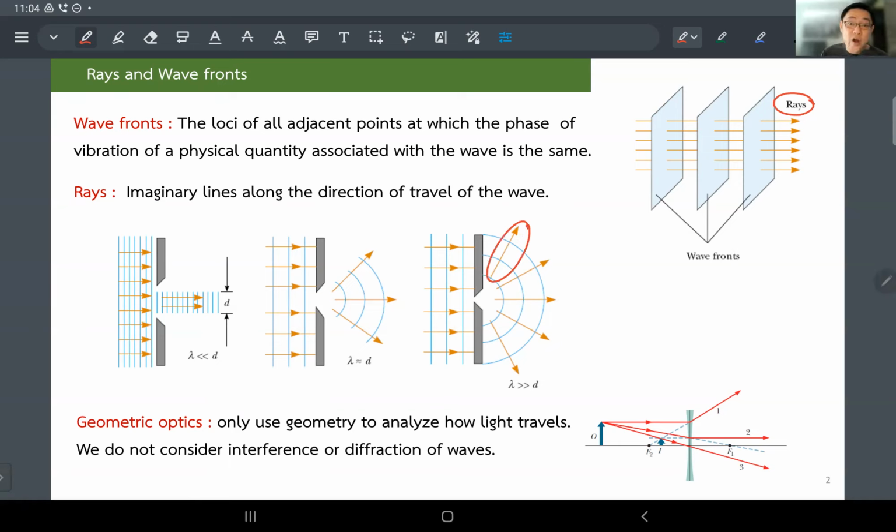If you agree with me for now, you might not know it yet, but because light is a transverse wave, it came from the oscillation of electric and magnetic field. So you can say it's transverse because the electric and magnetic field actually oscillate up and down.